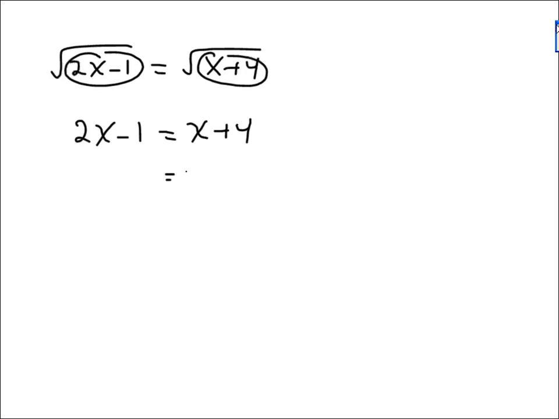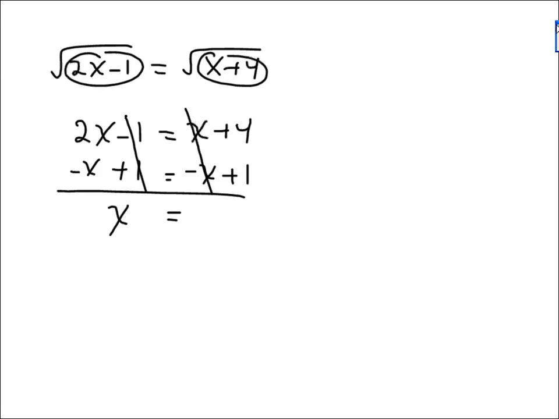Let's bring all the x's to the left side, because the left side had more. If I'm bringing the x's to the left side, then I should bring the numbers to the right side. The numbers cancel on the left, the x's cancel on the right. The left side has 2x minus 1x, which is x. The right side is 5.